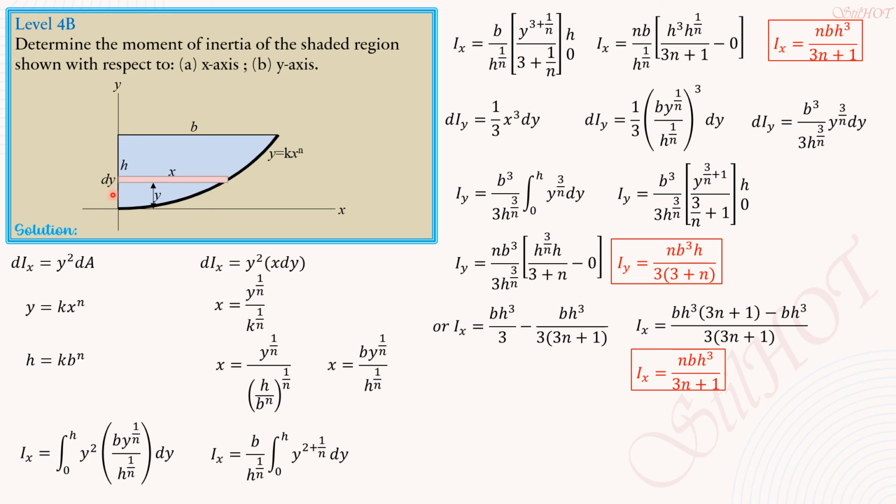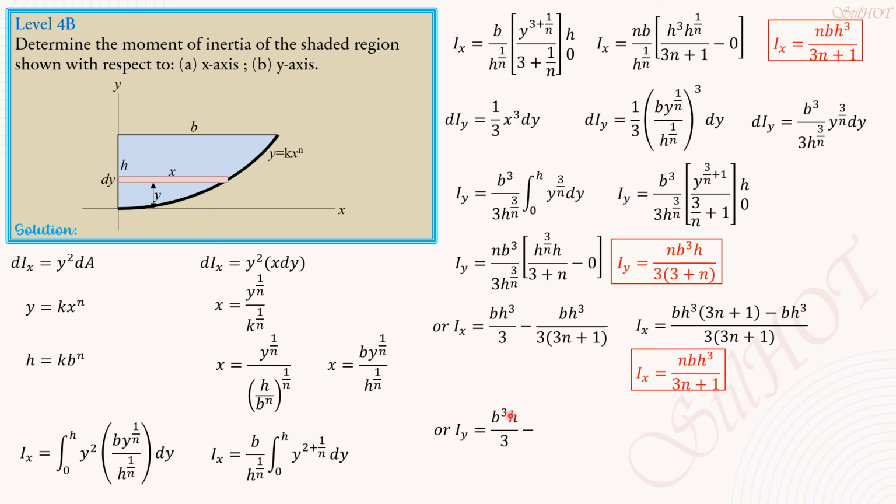Likewise, Iy is the Iy of the rectangle. Imagine a rectangle, this rectangle here. Then we must subtract the moment of inertia with respect to the y-axis of this supposedly imaginary shaded figure from level 4. The formula was b cubed h over 3 plus n. So therefore, Iy is b cubed h over 3 minus b cubed h over 3 plus n.